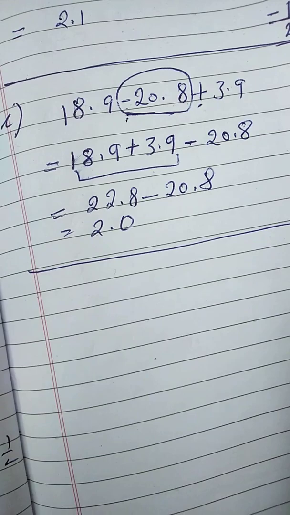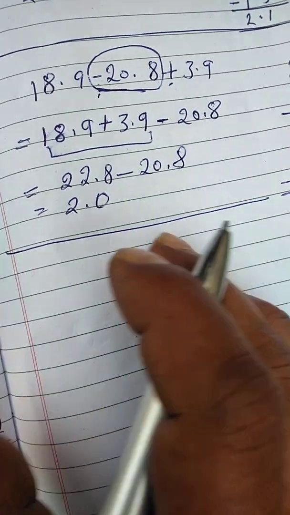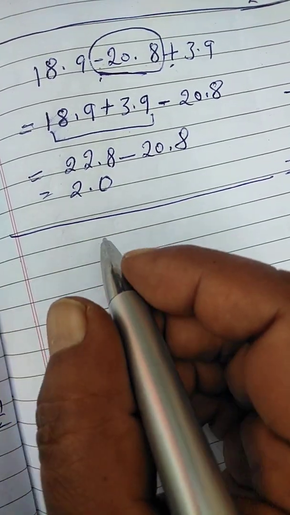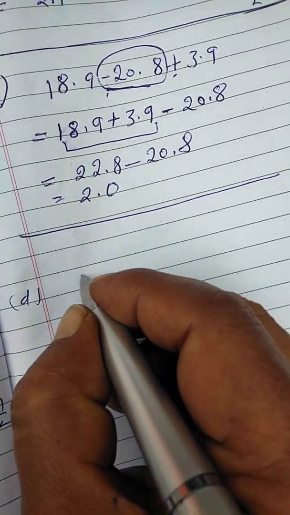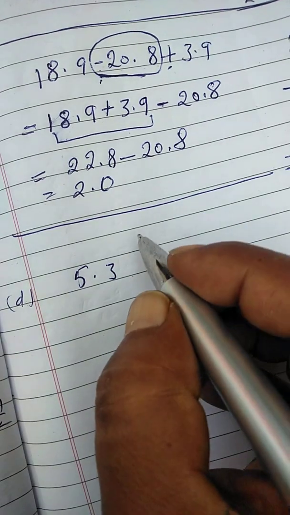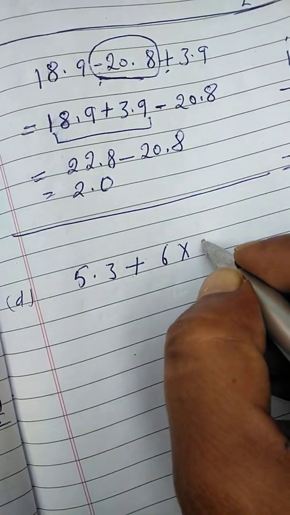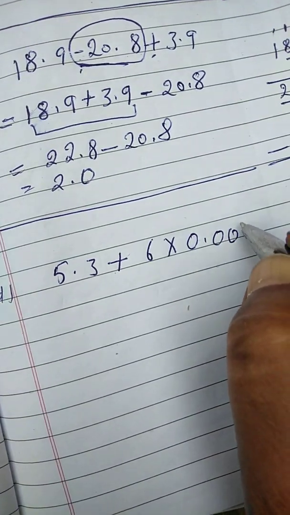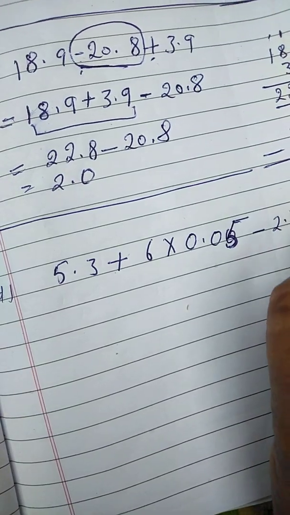Now let us take another example, that is part D: 5.3 plus 6 multiplied by 0.05 minus 2.1.